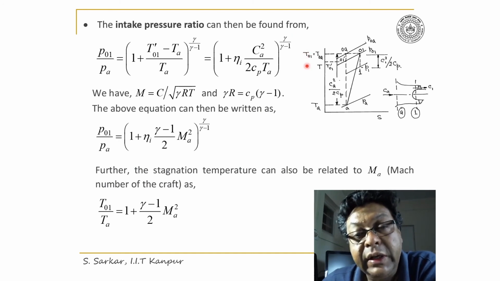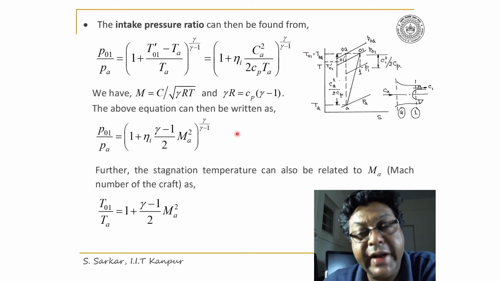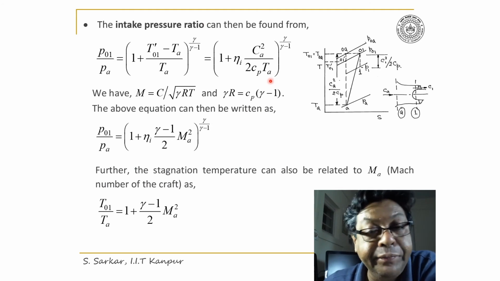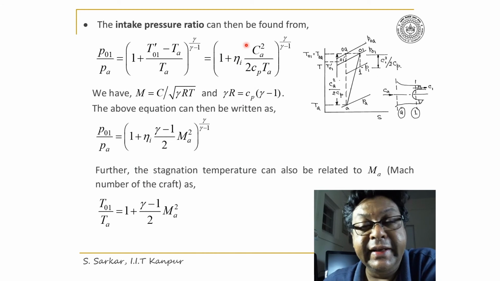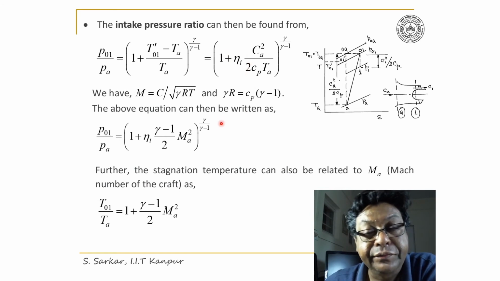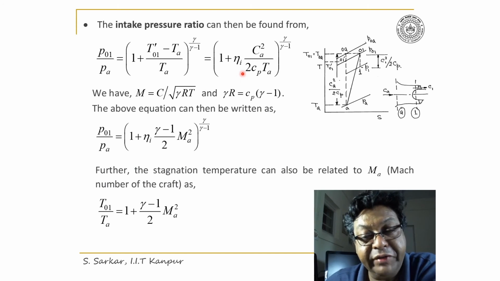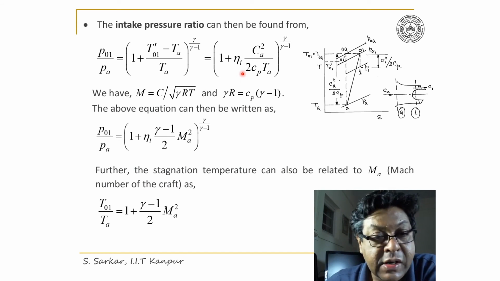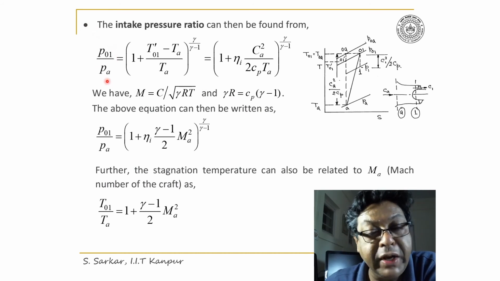Thus, if we know Ca, which is the craft speed, and the atmospheric condition, that is TA, considering eta I, which is the efficiency of the intake, we can define the ratio of P01 by PA.